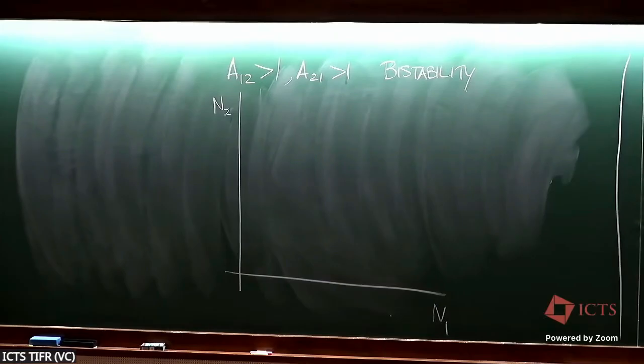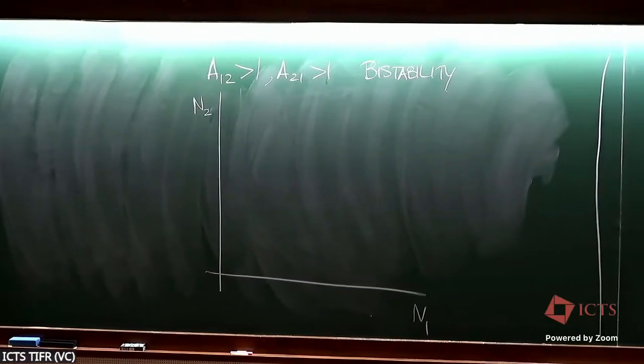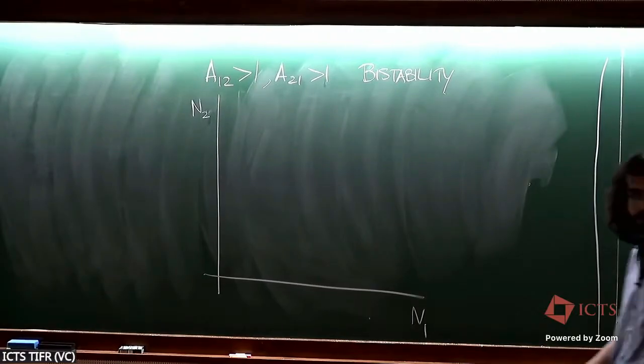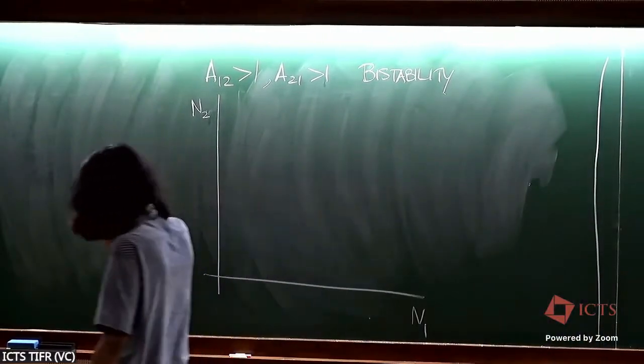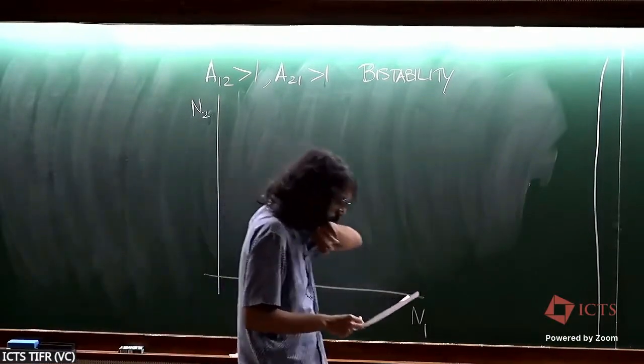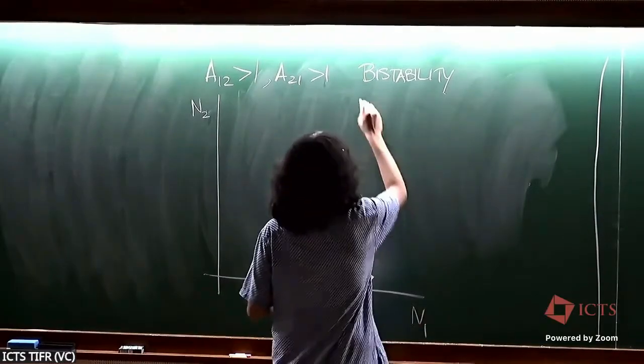Okay, everyone's a bit lost and confused. Do you need more time? Okay, let's take 10 seconds. Remember, the equations are the same, just A12 and A21 have changed quantitatively to become larger than 1.